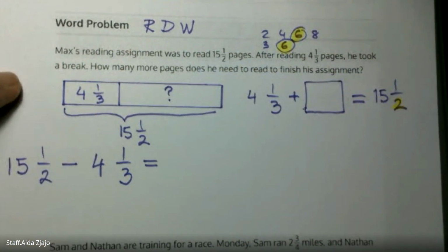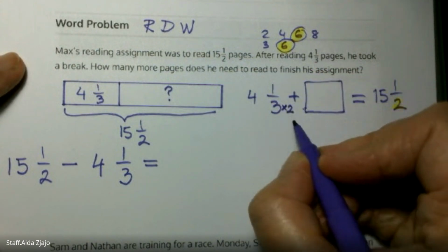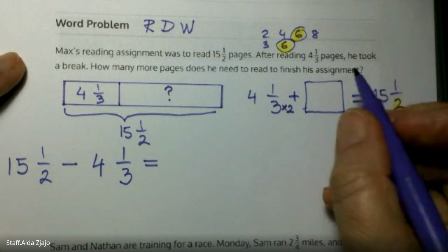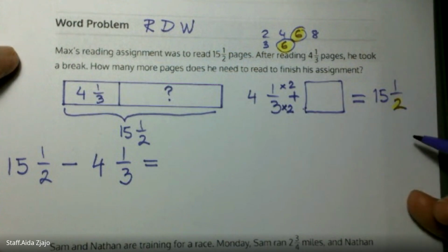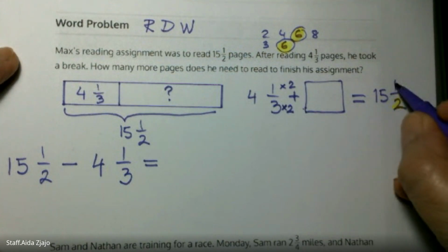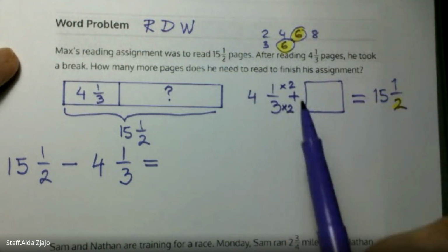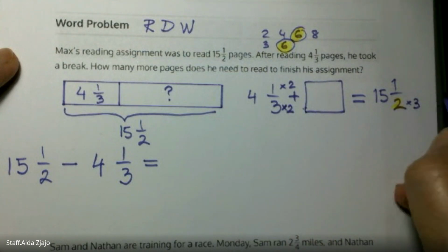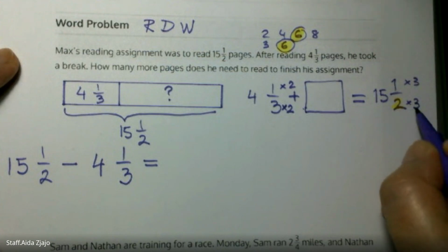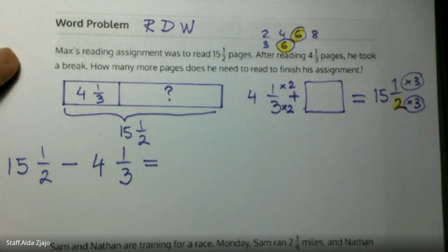By knowing that, I can say 3 times 2 is going to give me a 6 denominator. And I also need to multiply the numerator by it. If I need to change a half, 2 times 3 will give me a 6 as a denominator, and then I have to do the same with the numerator.